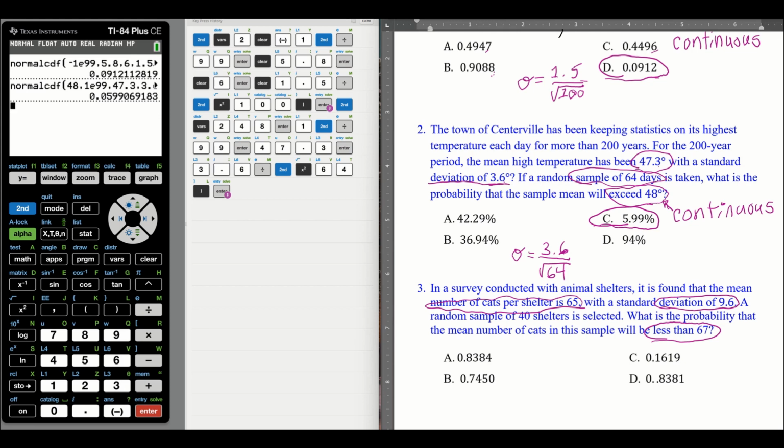What's different with number two is think about shelter. Think about temperature. A shelter is a building. It stays there. Temperature is going to be going up and down. So when they say high temperature, think about that. It goes up, goes down, and a temperature in one part of a county or a city may be a little different from another part.